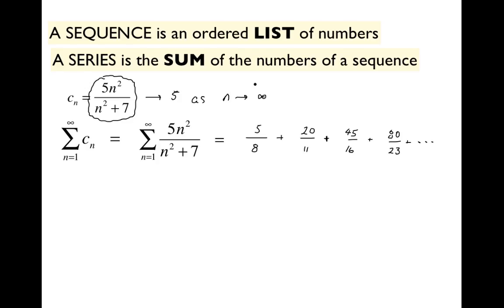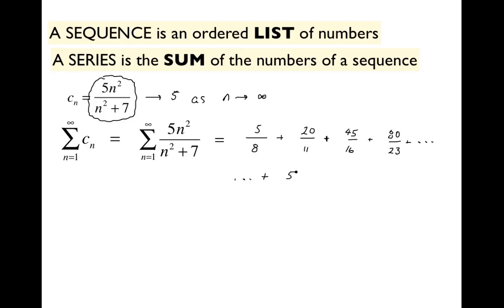That's easy hopefully compared to lots of ones you did, right? That's an easy one. So now, let's think about this sum. So we add 5/8 plus 20/11 plus 45/16, okay? And so now, let's say we get out to n, dot, dot, dot, meaning continue like this. Now let's say we get out to the millionth term. Millionth term is going to be essentially what?